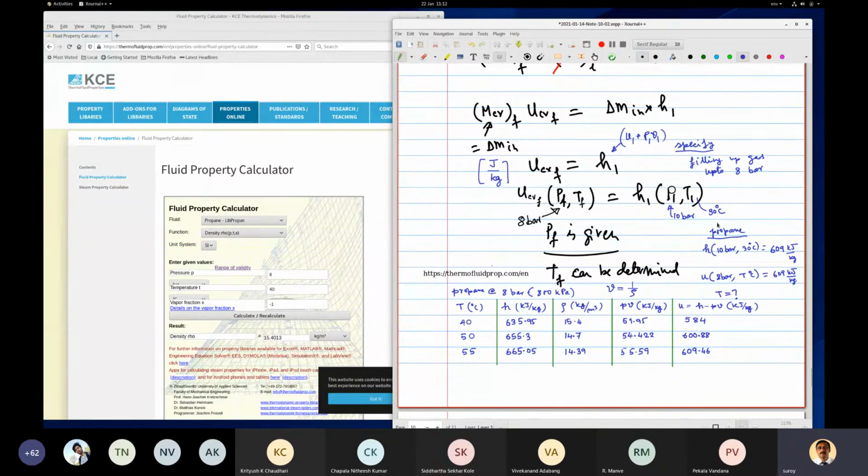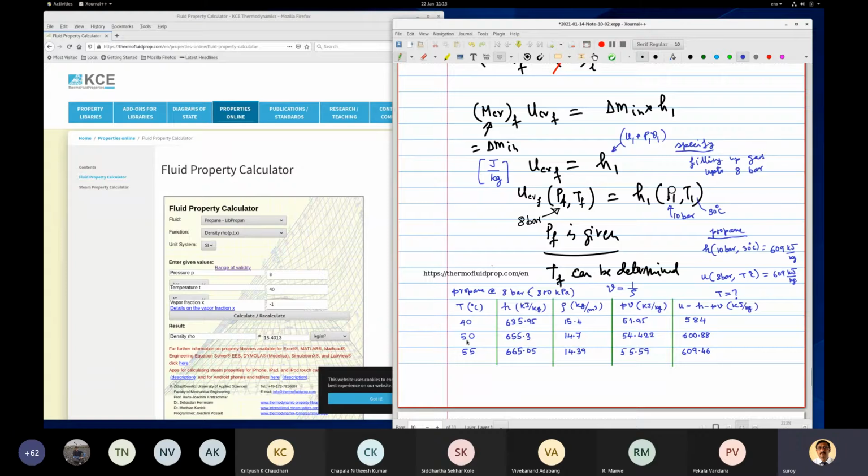Okay. Now, what is the H here at 10 bar and 30 degrees centigrade? H is 609 kilojoules per kg. So U at 8 bar and this T degree centigrade has to also be 609. So it's 584.